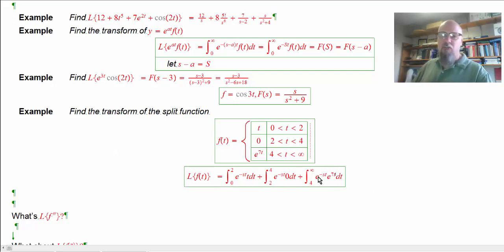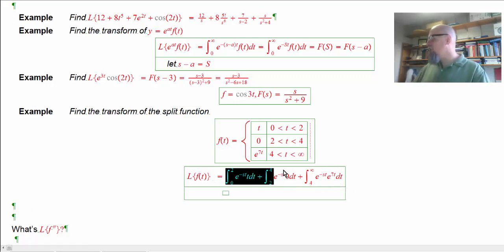Well, the middle integration is easy. I'm just integrating 0. The middle integration is 0. But those other pieces, I need to just work those out.